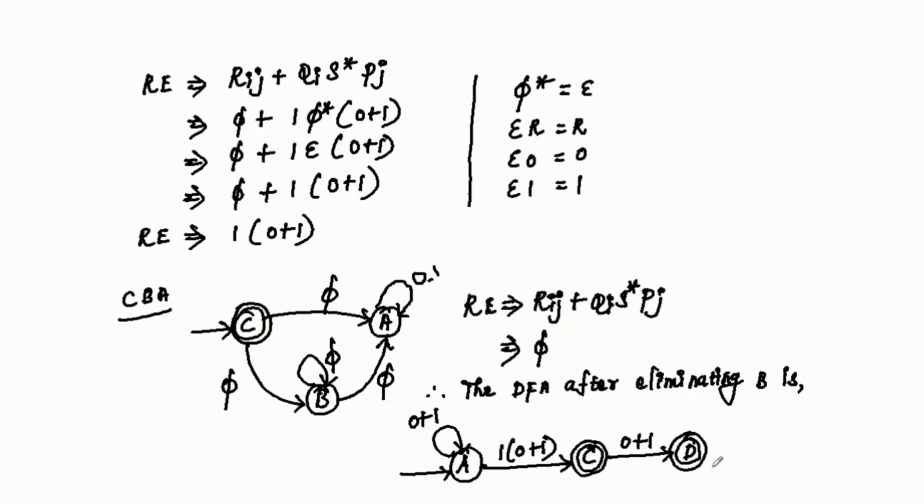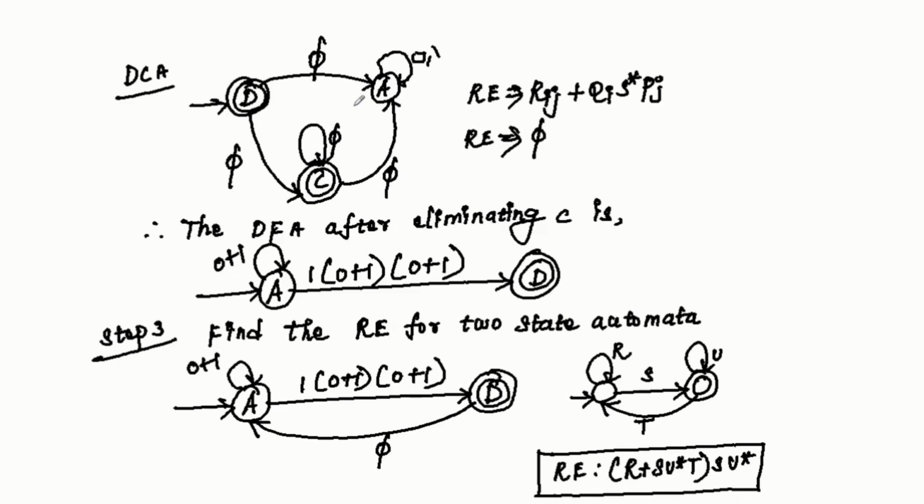D to A, there is no transition. D to C, no transition. C to A, there is no transition. And C to C, no transition. This is null. That's why we put a null on all these transitions. Finally, you substitute these values into the formula, you will get null.